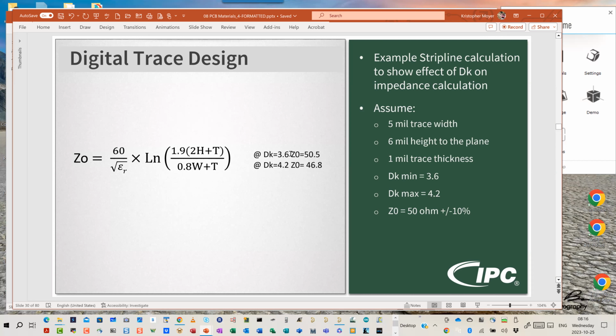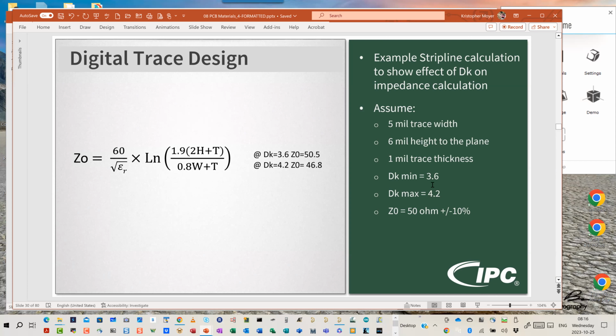materials here. But just to look at, I'm going to use the characteristic impedance here of a dual strip line. We'll see this equation here in just a moment. But assuming an internal layer dual strip line structure here, using the first order algebraic approximation equation, and assuming that I have a 5 mil trace width, 6 mil height to the plane, 1 mil trace thickness, meaning 1 ounce after processing, and then 2 dielectric constants here.